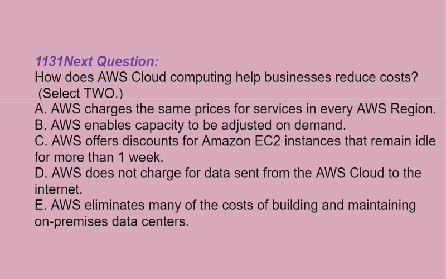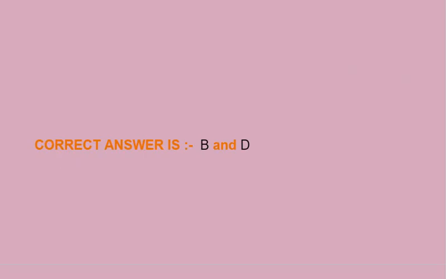Option C, AWS offers discounts for Amazon EC2 instances that remain idle for more than 1 week. Option D, AWS does not charge for data sent from the AWS cloud to the internet. Option E, AWS eliminates many of the costs of building and maintaining on-premises data centers. Correct answer is option B and option D.